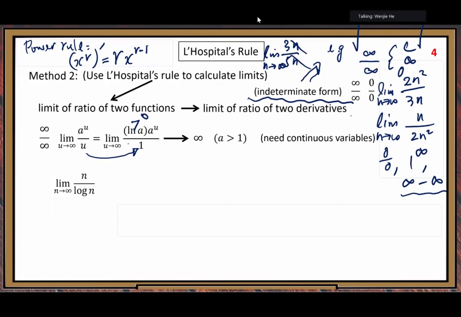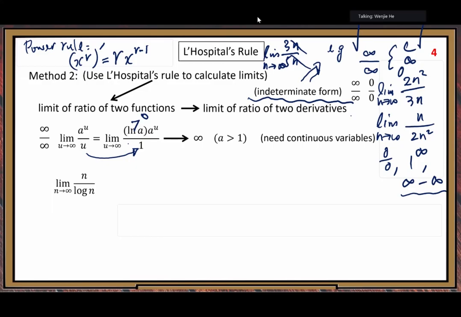And the variable of these two functions, they are discrete variables. You know discrete values, right? They can only take positive integers, right? 1, 2, 3, 4, 5. N cannot take 3.5, 10.2, right?